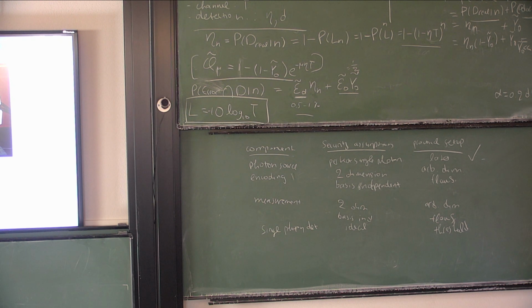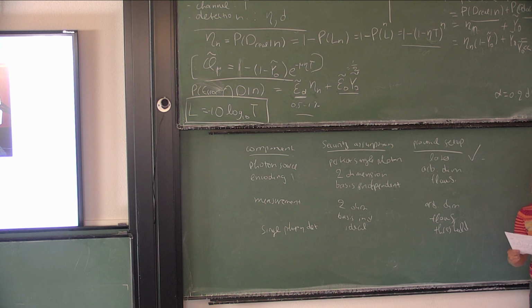But we should not forget the others as well. The photon source we said, but there is also an issue, for example, with phase randomization. I told you when we discussed it that I was going to come back to it at the point of the side channel attacks. There is in particular an attack called the non-random phase attack, and this is particularly important because, being an experimentalist myself, I know that in lots of experiments sometimes we say yes, we could do it, but we don't actually do phase randomization.